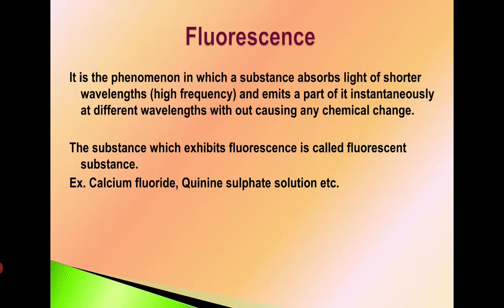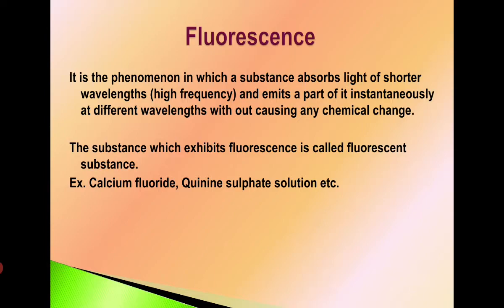Fluorescence. It is the phenomenon in which a substance absorbs light of shorter wavelengths and emits a part of it instantaneously at different wavelengths without causing any chemical change. It is called fluorescence, and the substance which exhibits fluorescence is called a fluorescent substance.